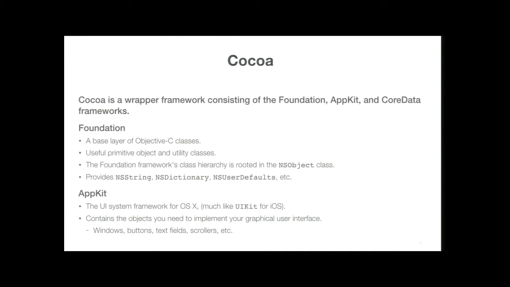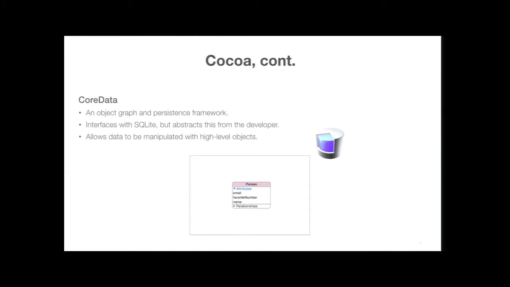AppKit is the UI system framework on OS X, similar to how UIKit is on iOS. It contains things like scrollers, buttons, the window chrome, and so on. And the last piece of Cocoa is CoreData. It's like an object persistence framework that you work with as a developer, but it hides the underlying SQL from you. So it's a higher level API.